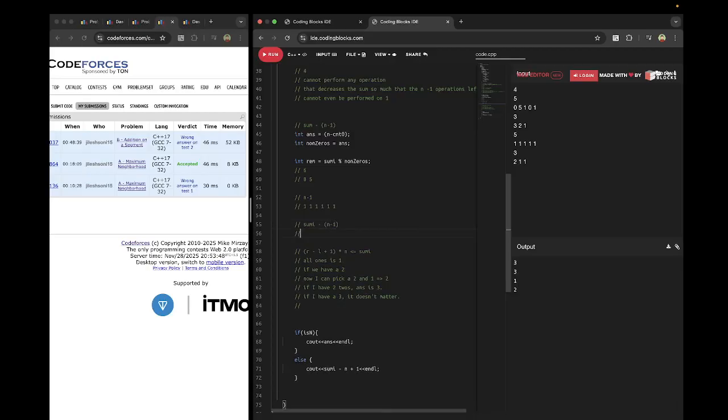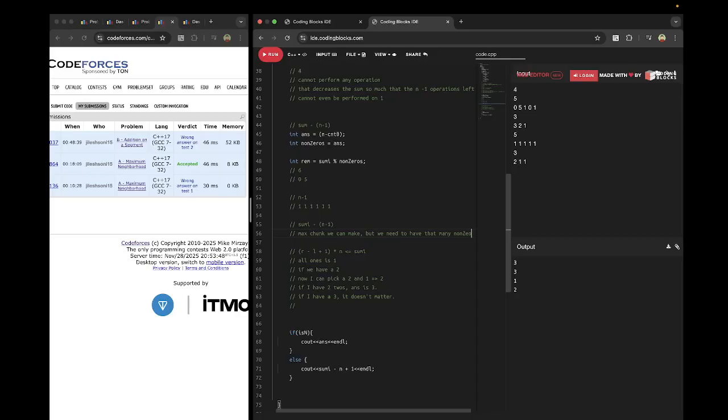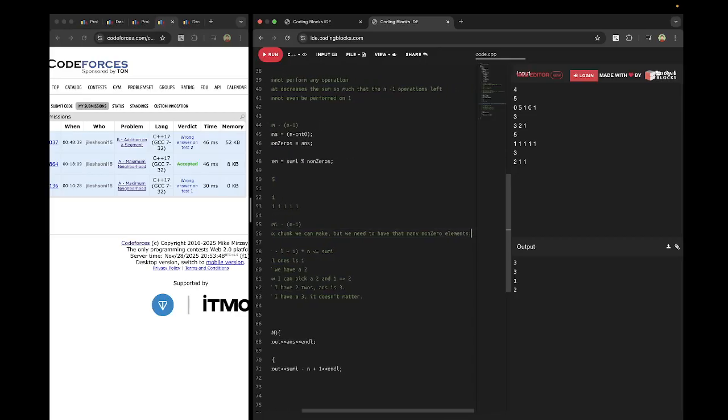So this is the max chunk we can make, but we need to have that many non-zero elements as well.